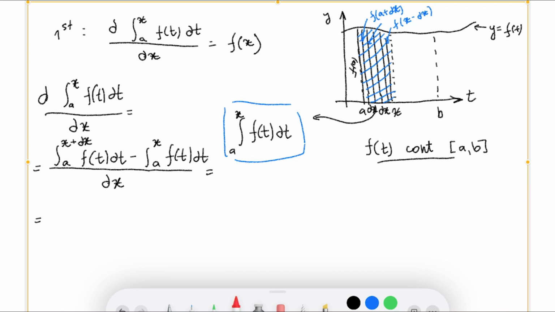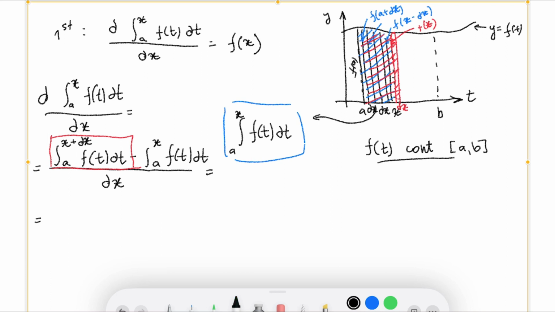And if we try to visualize this integral, it will be our initial integral that has one more rectangle added to the sum, one more rectangle area, and this width is also dx, and this height is f of x. So the whole integral will be this whole thingy.